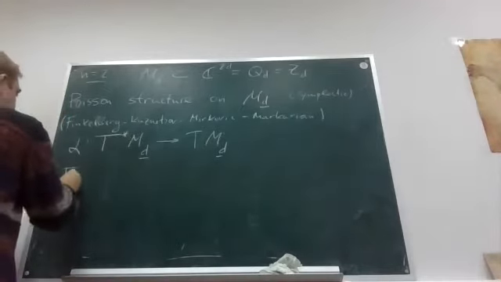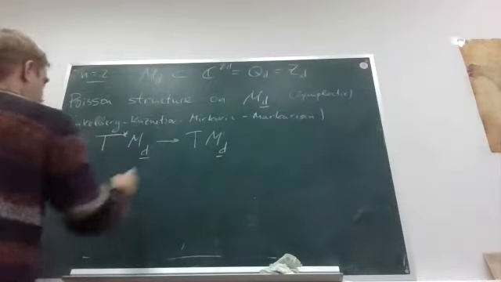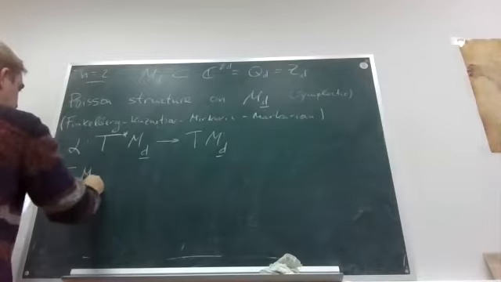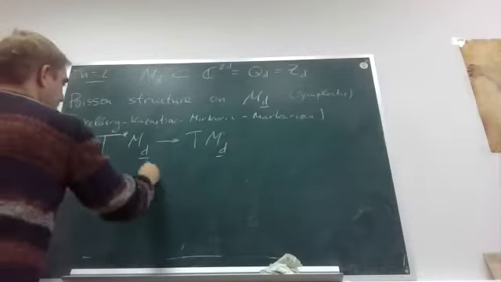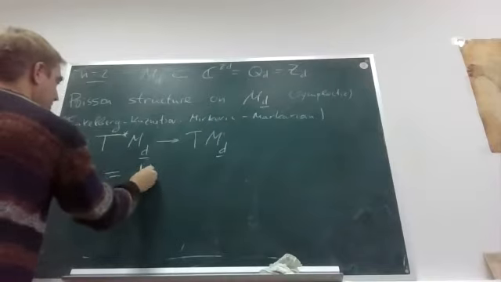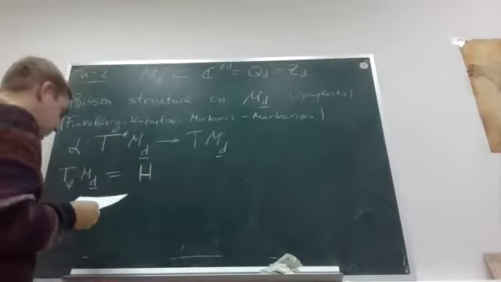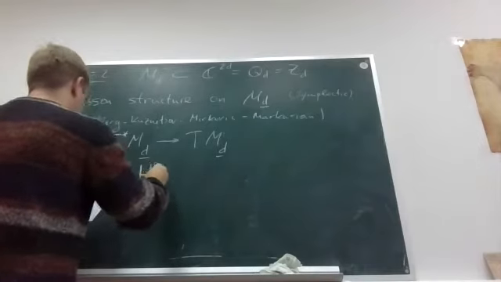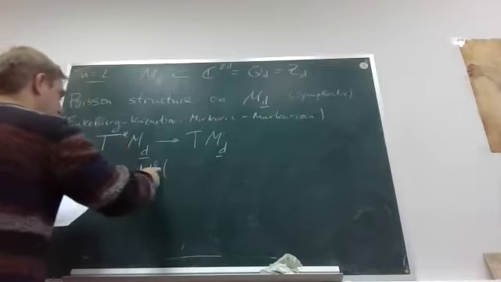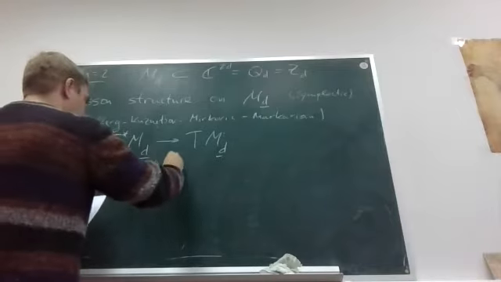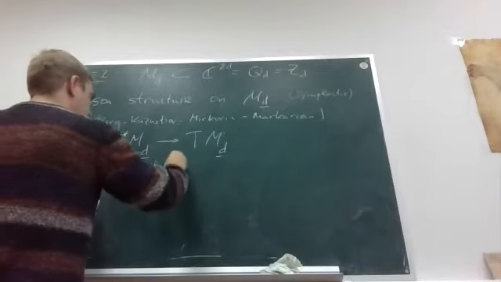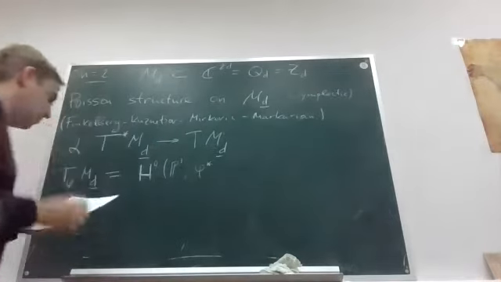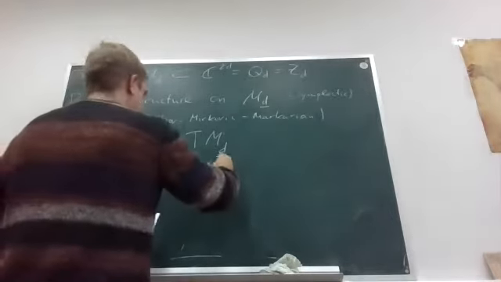Now, what is the tangent of MD at the point phi? It is just the global sections of the pullback of the tangent bundle from the flag variety.